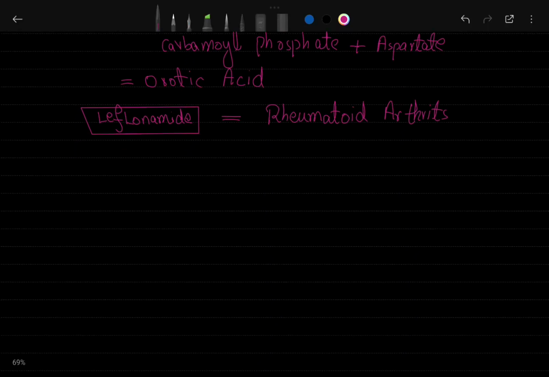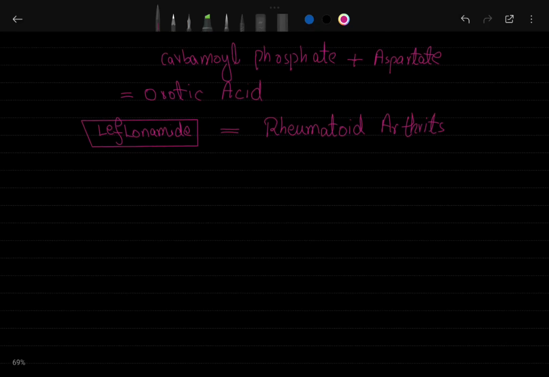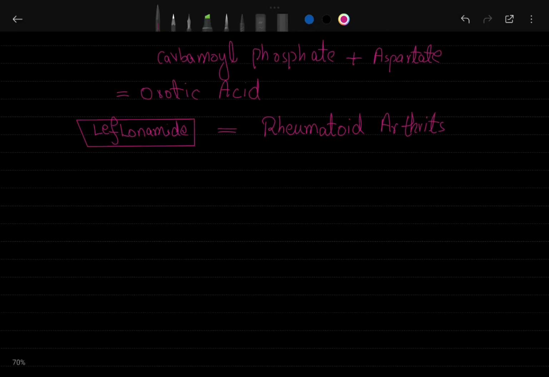Orotic acid is combined with PRPP to form UMP, uridine monophosphate. Orotic acid plus PRPP forms UMP, uridine monophosphate.